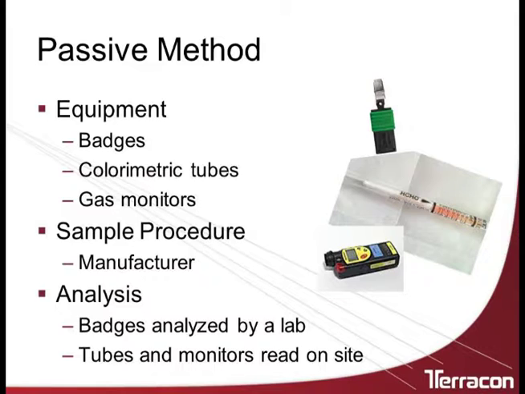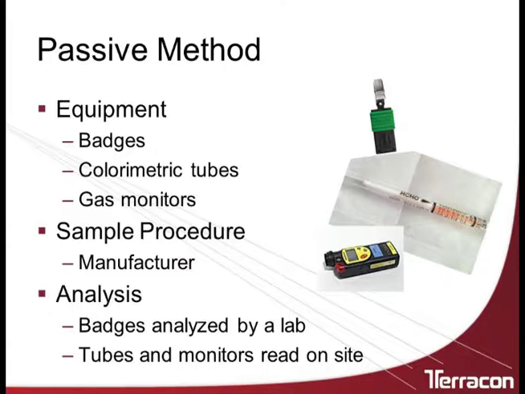This is kind of a yellow color here, and there's kind of a pinkish color here. These can be passive, or you use a small pump to pull the air through, and it provides a color change if your contaminant is in the air. These work out great for grab sampling and screening purposes.